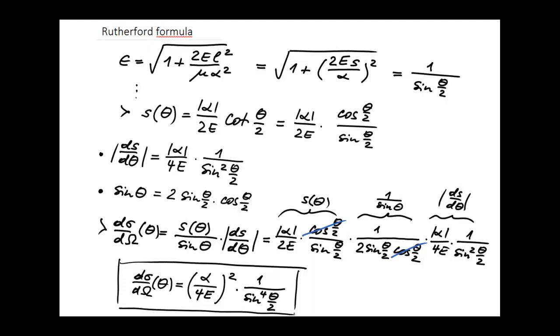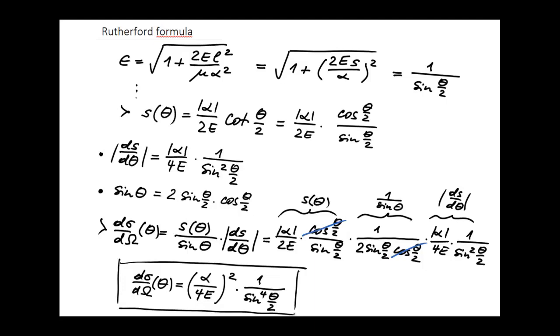Just as a historical remark, you may remember that the Rutherford scattering experiment was performed to confirm the atomic structure of matter. That was a way of showing that indeed matter was made of atoms. The experiment did not, however, give any evidence that classical mechanics was wrong.